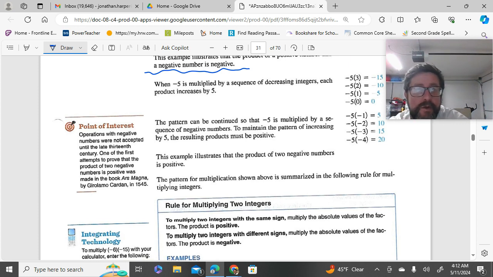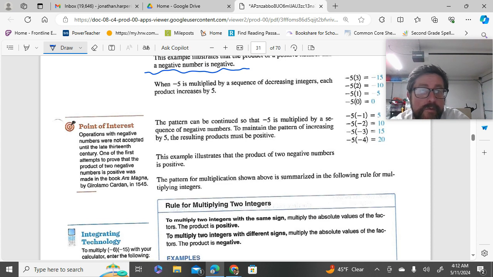So let's read over this point of interest. Operations with negative numbers were not accepted until the late 13th century.